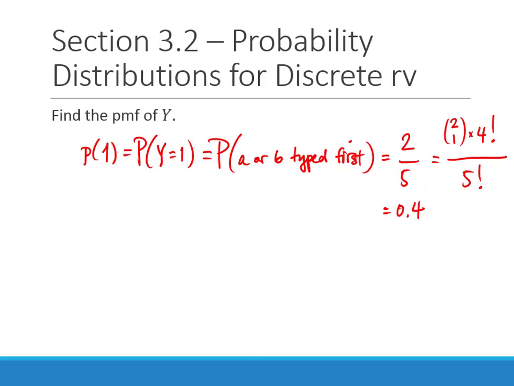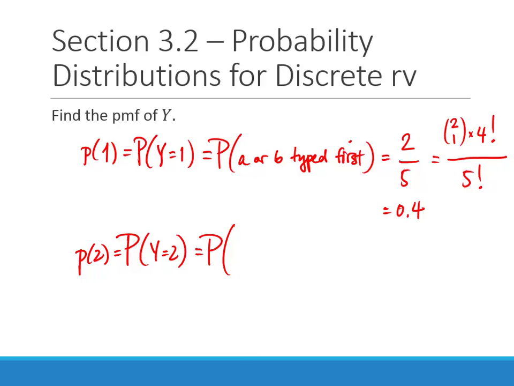Okay, so that's our first number that we need to find. Little p of 2, that's the probability that y equals 2. So again, we need to think about what needs to happen such that y equals 2. So how can I get y equal to 2? What needs to happen for the first letter in my sequence?